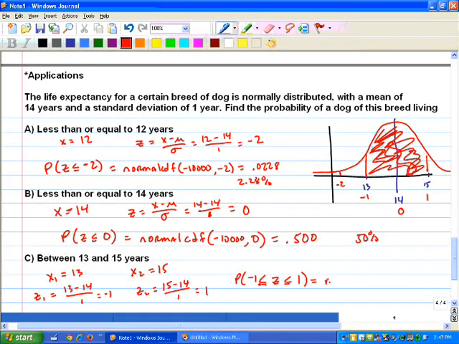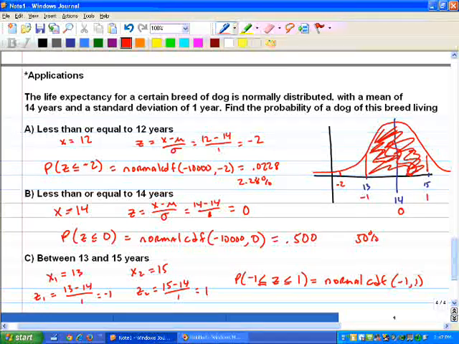So here we're going to do normal CDF, negative 1, 1, and we should get something really close to 68%. And you'll see you get 0.6826 or 6827, so 68.27 or 26%.